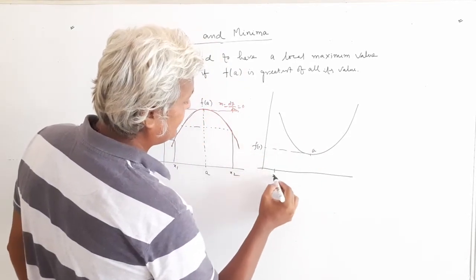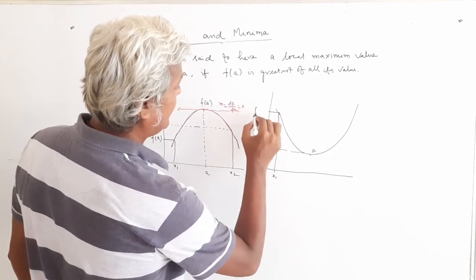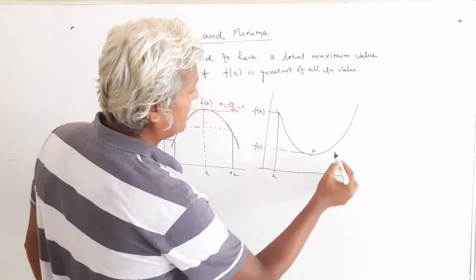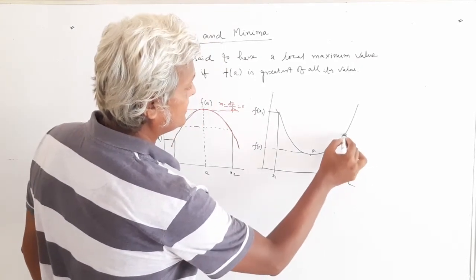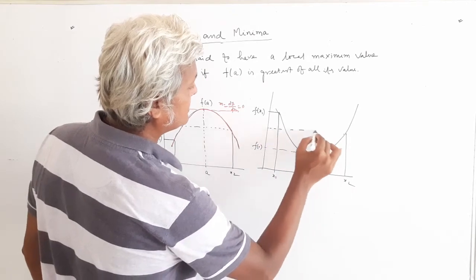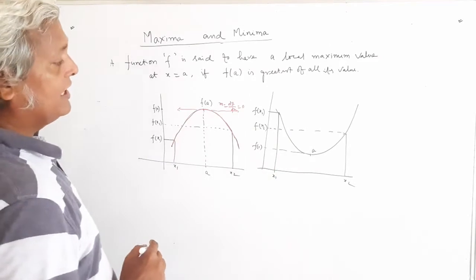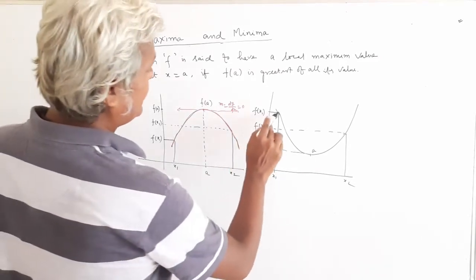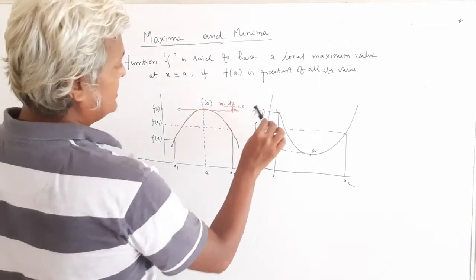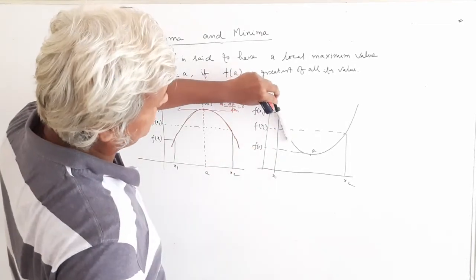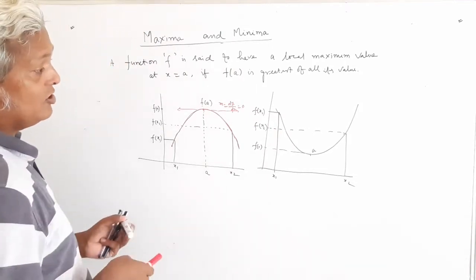Here if I take a value x1, then the function value is f(x1), and if I take a value here x2, then the function value corresponding to this is f(x2). Now what do you see? From here to here, let's look at the slope. The slope is making an obtuse angle, meaning it is negative. It is also called a negative slope.